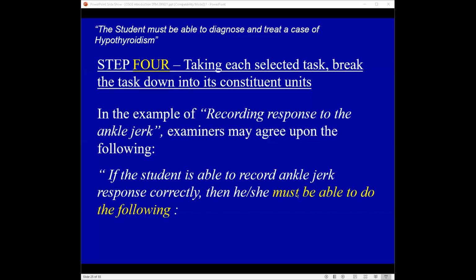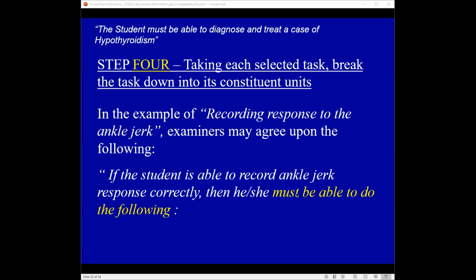We have decided that for today, we are going to get our students to record the response to the ankle jerk because we want to assess that ability of the student. We believe that if we assess that ability, we are assessing the practical aspect of this objective, which is diagnosis and management of hypothyroidism.